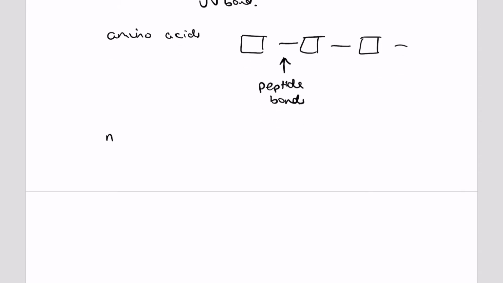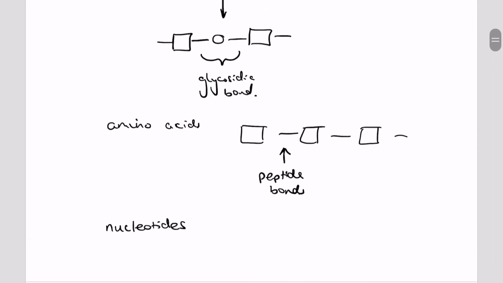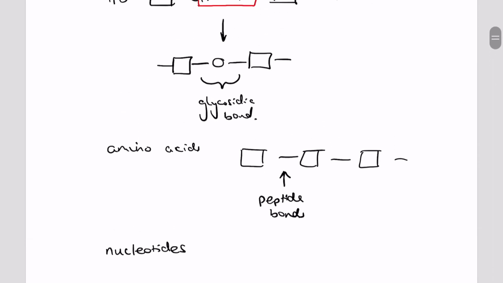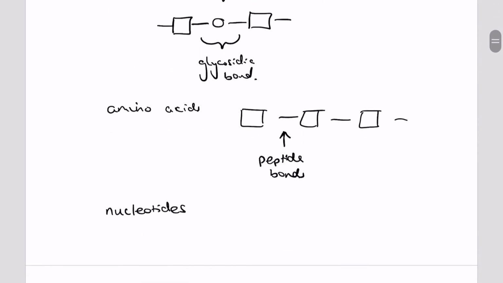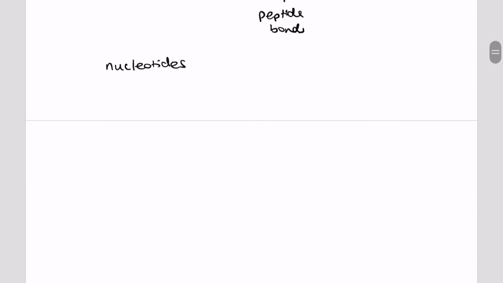The bonds between nucleotides, so if we have loads of nucleotides being joined, the bonds between them will be called something else, and so forth. So that's just an example of how they're formed, and just to make you aware that they will be called different names depending on the molecules. And you'll find that out later on as we talk about nucleotides, etc.